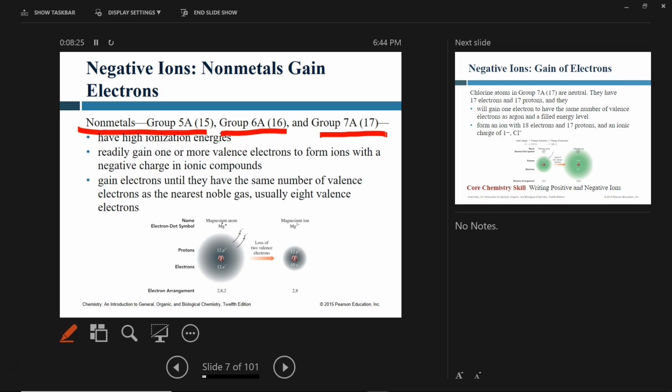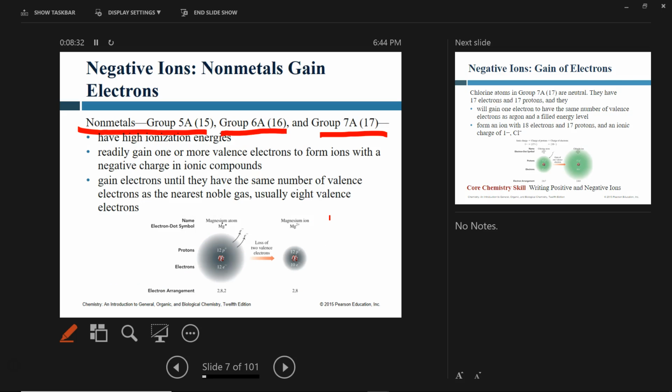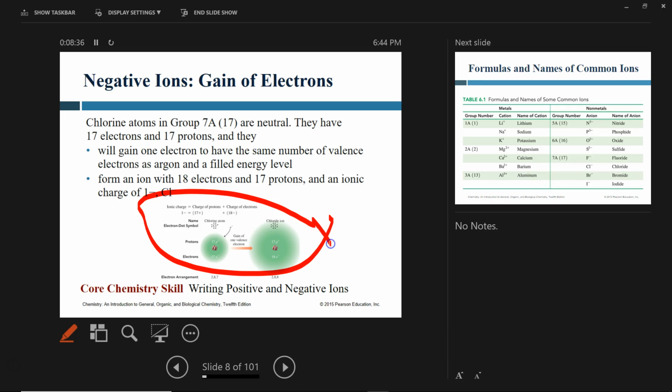And let's say chlorine, the illustration here is terrible. So that chlorine, as we discussed, has 7 electrons on the outer shell.